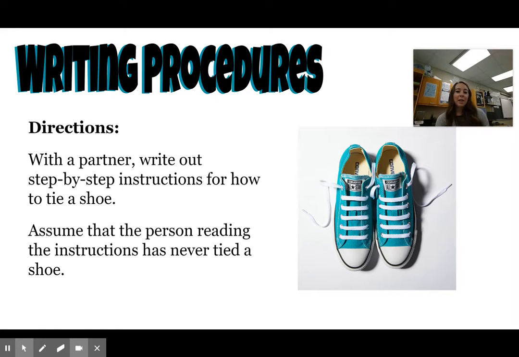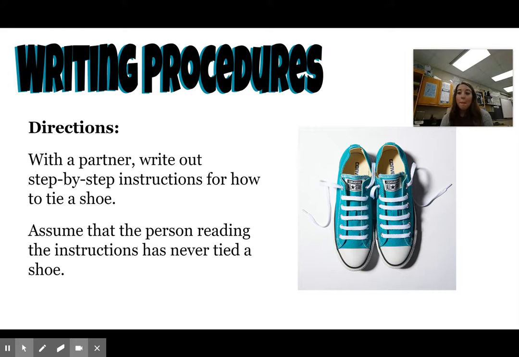All right, so let's talk about a few things with the procedure you might have wrote. So if you started with crossing the laces and making that knot, the odds are the person putting that on probably didn't know what that meant. Maybe the shoe wasn't even on their foot yet. So you might have even had to start with number 1, grab the right shoe.